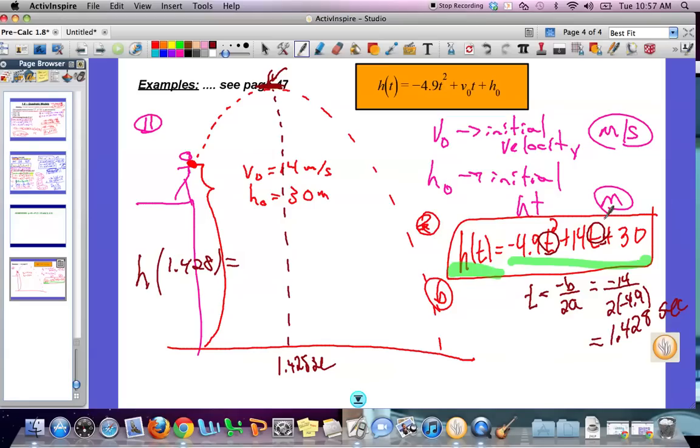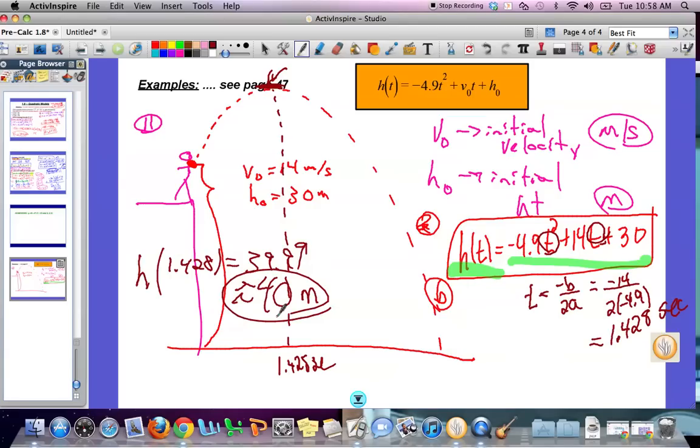I heard a 39, a 43, and a 62. 39.994. I got 40 even. You rounded a little bit maybe? All right, good enough. So 39.99, about 40 meters is how high it is.